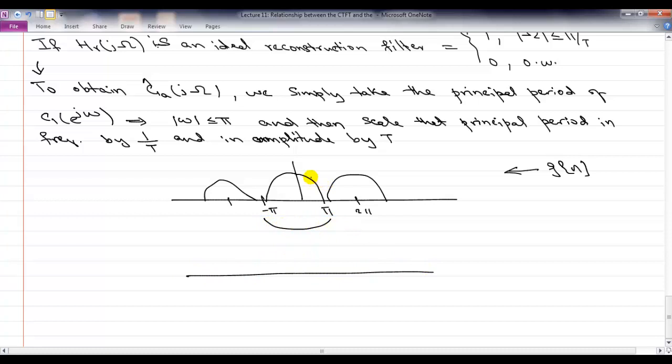So let's say the height of this was B. You just scale the frequency axis of the principal period to get π/T and minus π/T, and the height will be BT. But if you don't have an ideal reconstruction filter, then you have to do the steps that we talked about. So this is G(e^{jω}). Then you have to scale the whole Fourier transform and then pass it through the filter.